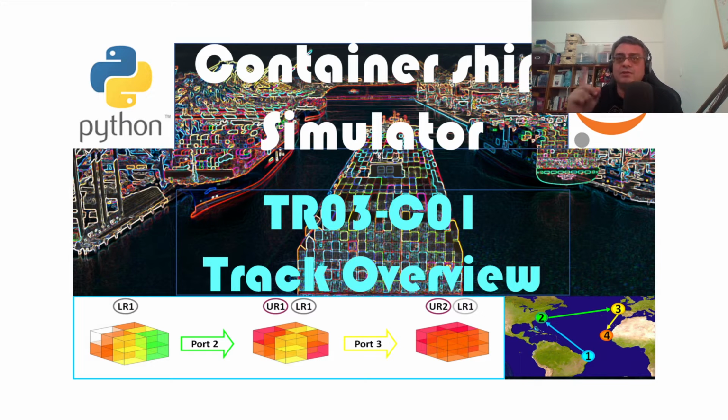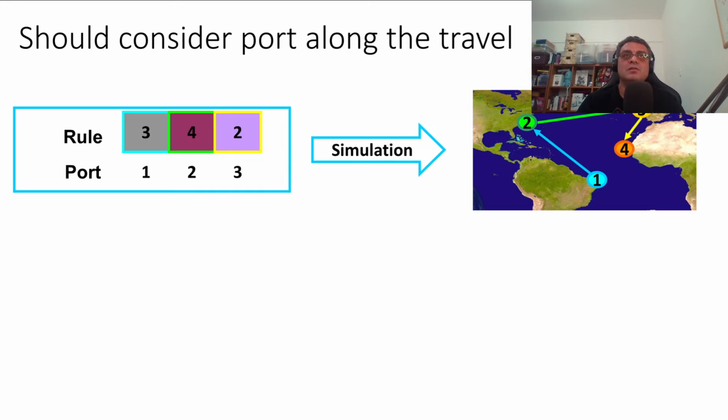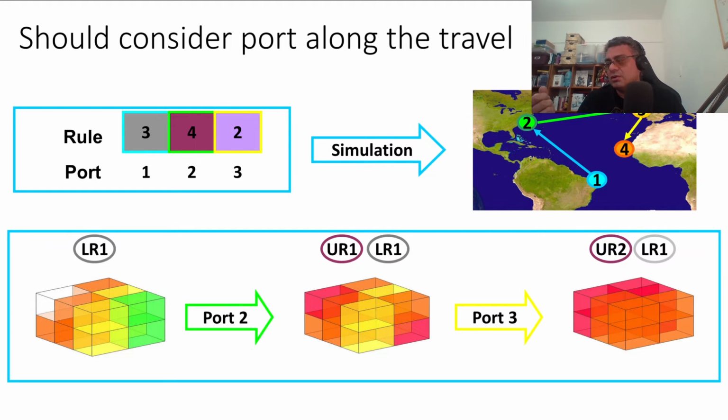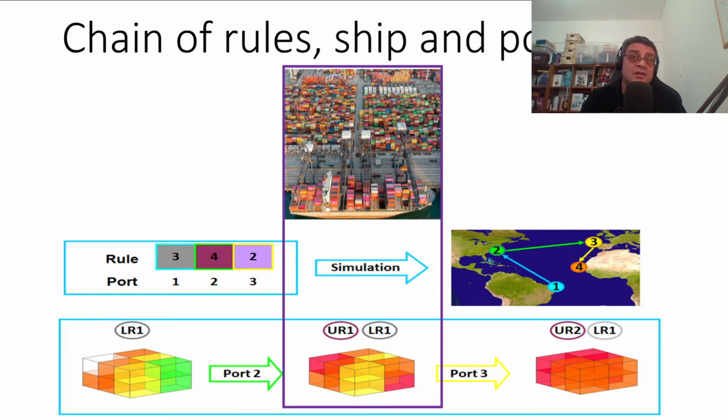In track 3, we talked about how we can use the previous tracks to make a container ship simulator. The ship will apply a series of unloading and loading rules through ports, and this gives us the result in terms of number of movements or stability. You can show how the application of different rules will produce different numbers of movements and can save money.